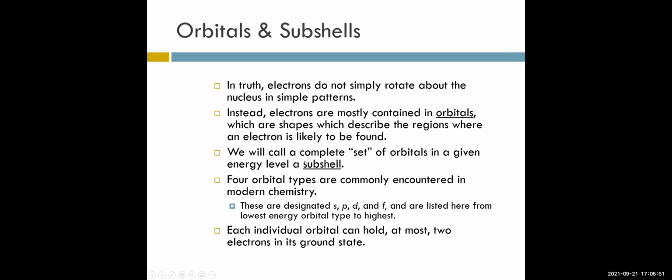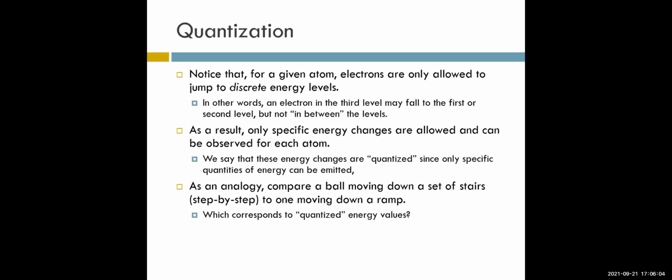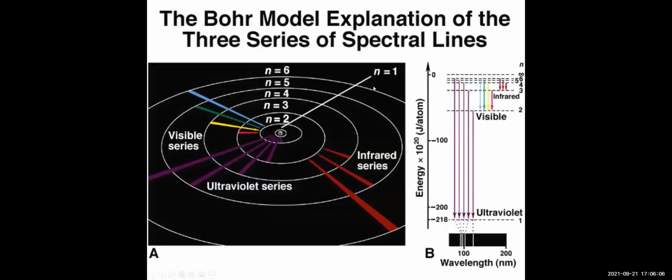Within each shell, we get a set of these orbitals, and we call those subshells. Now keep these three terms in mind. Shells. Shells are the same thing as these energy levels. So I could call this shell 1, shell 2, shell 3, or I could call it energy level 1, 2, 3.